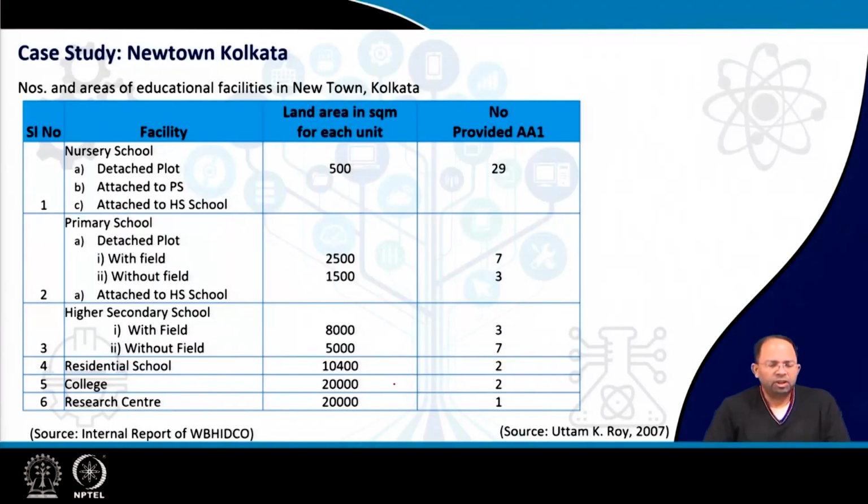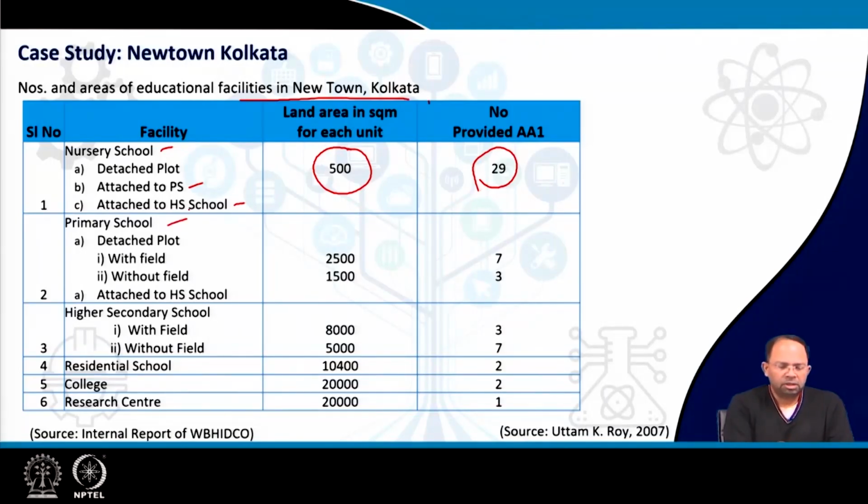So, these are the number of educational facilities that were provided in New Town. Nursery schools were provided, some with detached plots, some attached to primary schools, some attached to high schools. The total land area allocated for each unit was around 500 square meters, and overall 30 of these schools were provided.